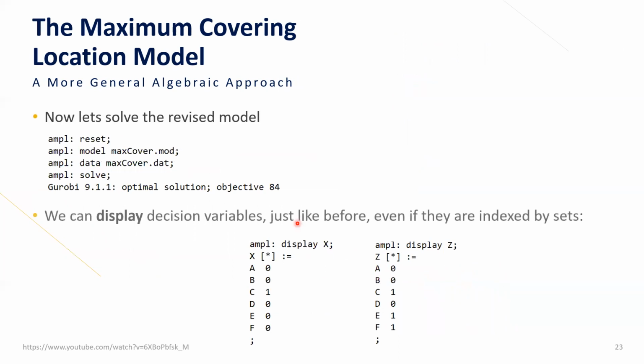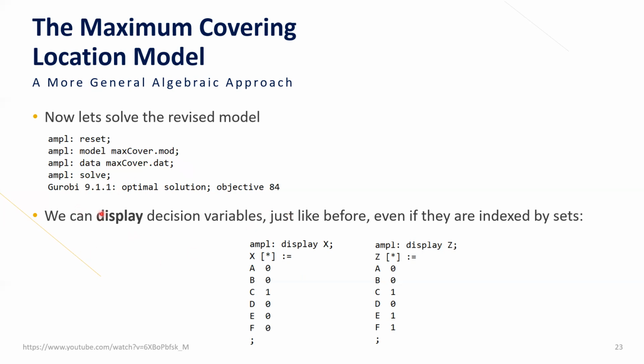And now we can solve the model. Solve the revised model: model max cover.mod, data. Here we now have data. Previously we used only the model, right? Now we also use the data. If you have other data, the model name is still the same, you use different data: max cover 2, max cover 3, something like that.